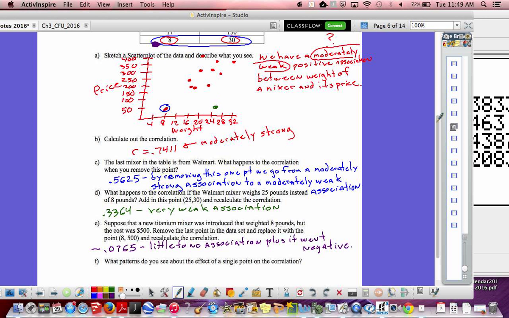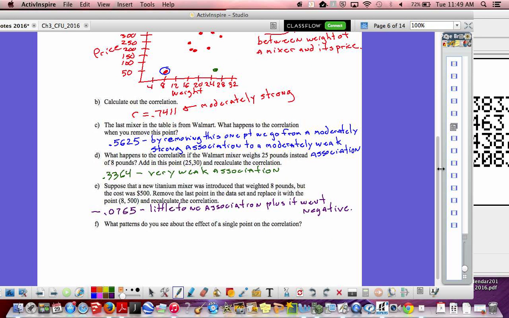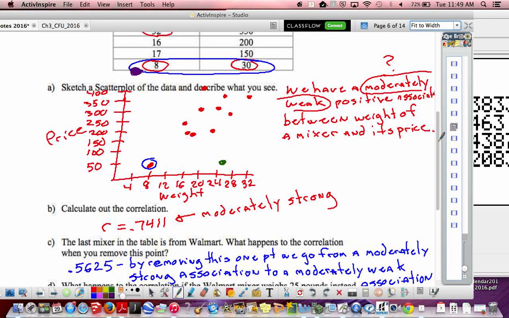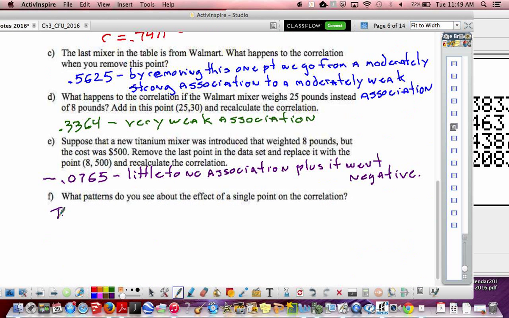Okay? So, in a nutshell, what patterns do we see about a single point on the correlation? Oh, it changes it drastically. I like that. It can change the correlation coefficient's value drastically.